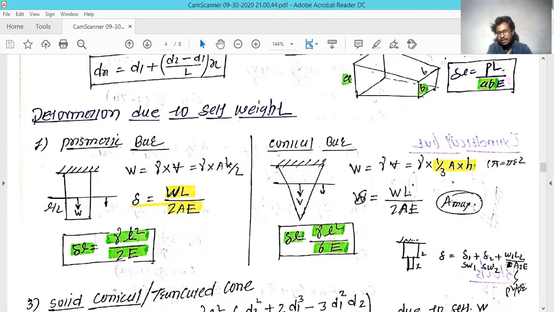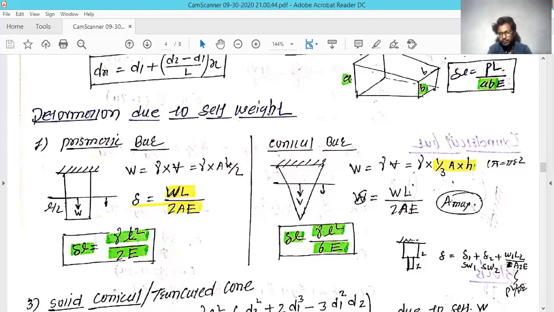So if you put that into the previous formula that we have seen, PL divided by AE, here P is nothing but the force, and here it is the weight of that body. L remains the same, and the area and E will also be the same. The only thing that changes is the length, so I have taken L divided by 2. But most of the time they give the specific weight.